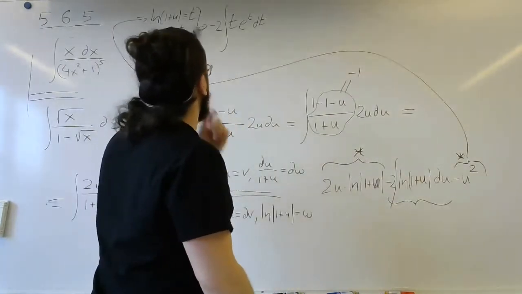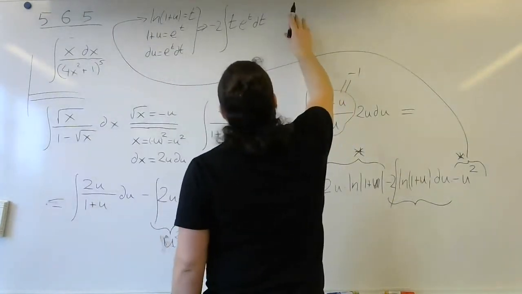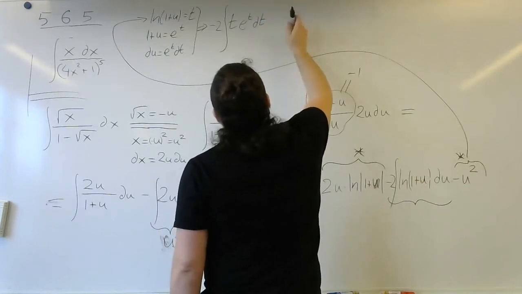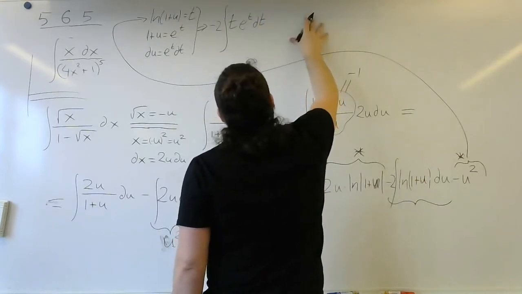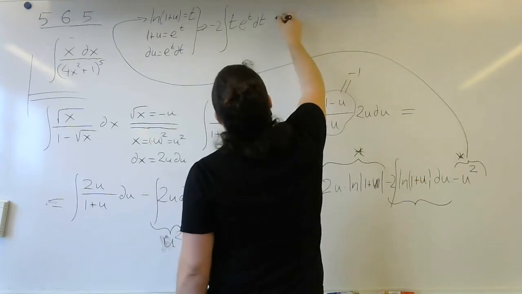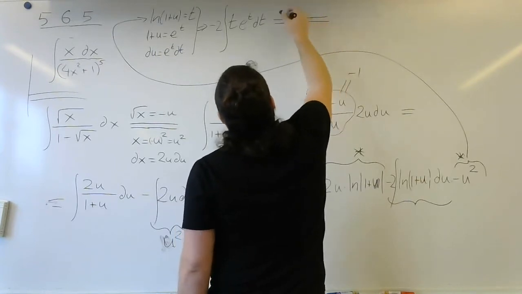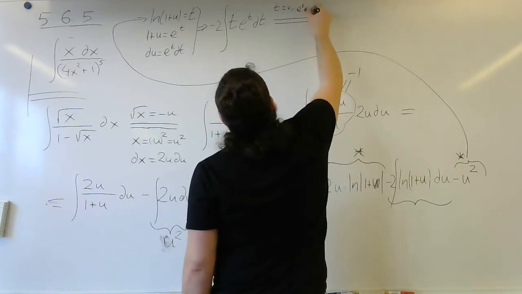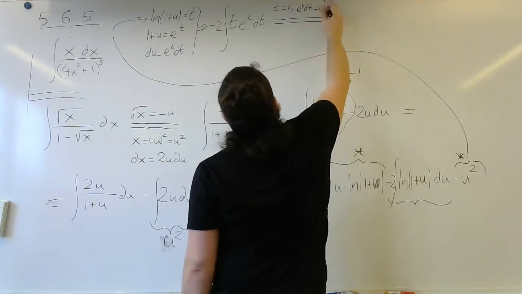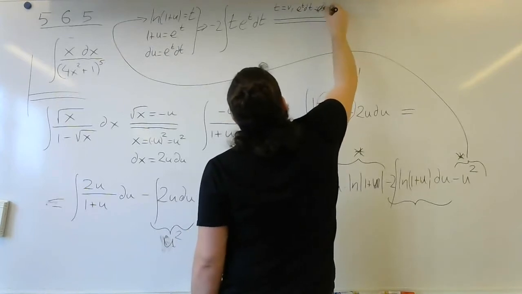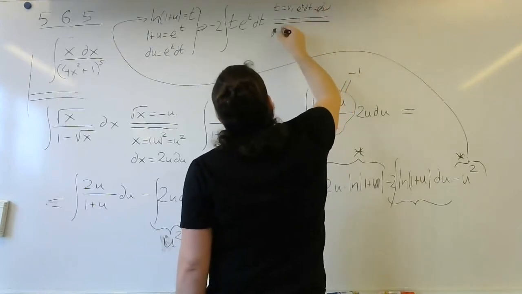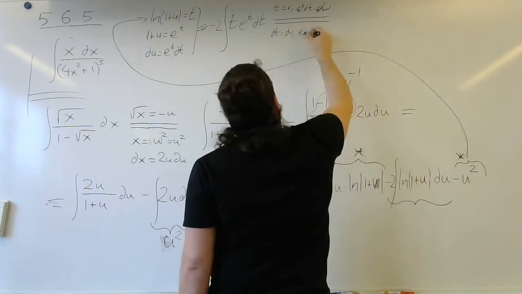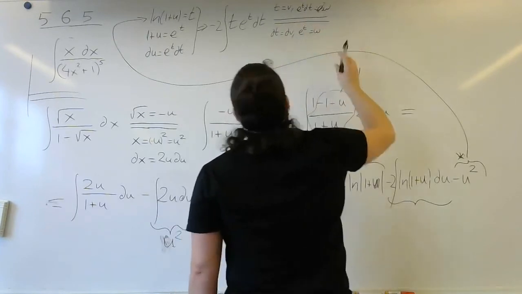Now we can easily integrate this by parts. We call t is v and e^t dt is dw. So dt is d of v and e^t is w.